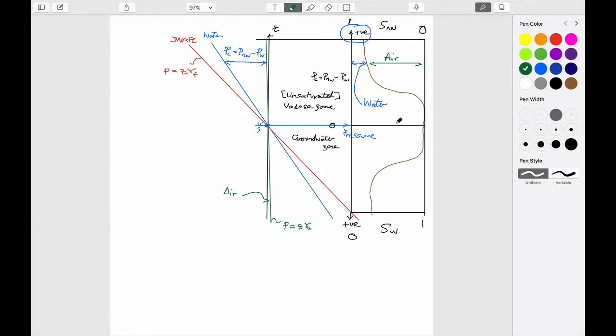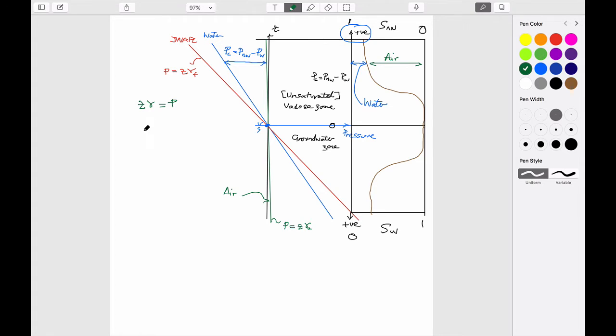If we can scale this vertical ordinate, not in terms of capillary pressure, but in terms of elevation, which we can, quite easily, I suppose it would be something like Z times unit weight is equal to pressure.